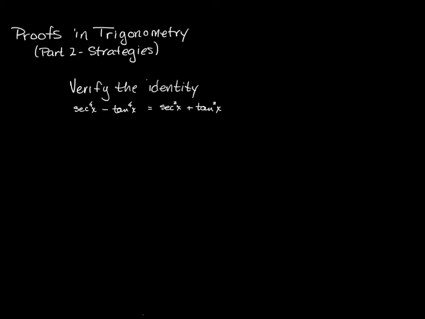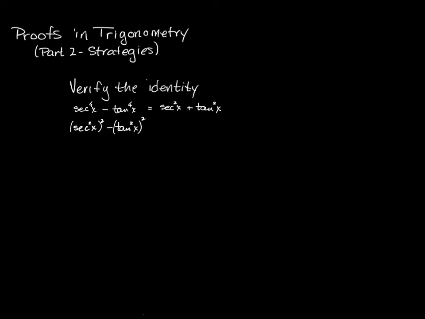Although this is a trigonometric problem and it's tempting just to start writing in substitutions, notice that the left-hand side of this identity is a difference of squares where the things being squared are secant squared and tangent squared. In other words, I could write this as secant squared of x squared minus tangent squared of x squared.